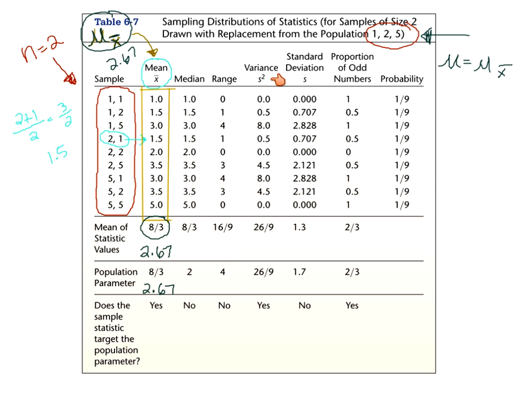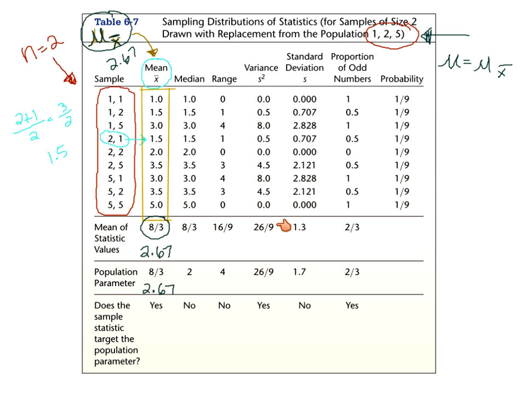So the next time it happens again is when you're looking at the variance. If you find the variance of every sample, and you then take all of your variances, add them together and divide by 9, you're finding the mean of the variances.